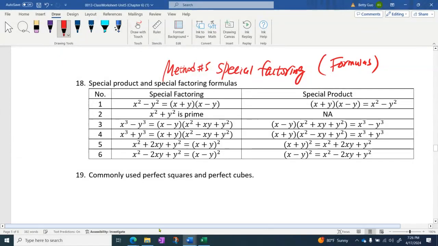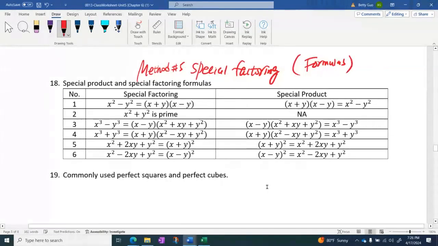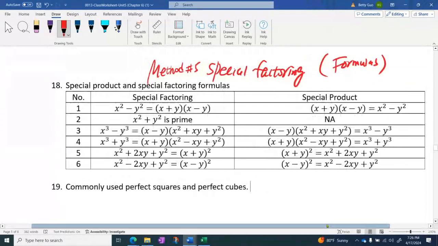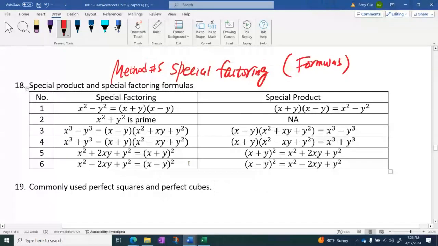Okay, look at this table. This table has 2 columns. One column is about special factoring, the method we're going to learn, the formulas we're going to learn.